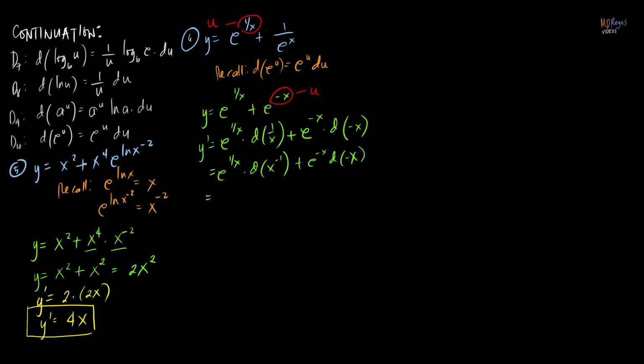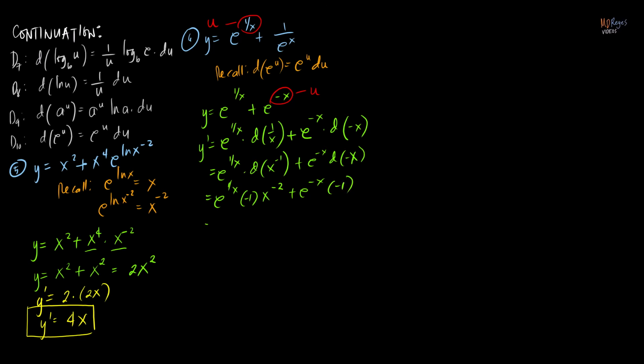Okay, now continuing, we'll have e raised to 1 over x. The derivative of x raised to negative 1 using the power rule is just negative 1 x raised to negative 2, plus e to the negative x times the derivative of negative x with respect to x, which is negative 1.